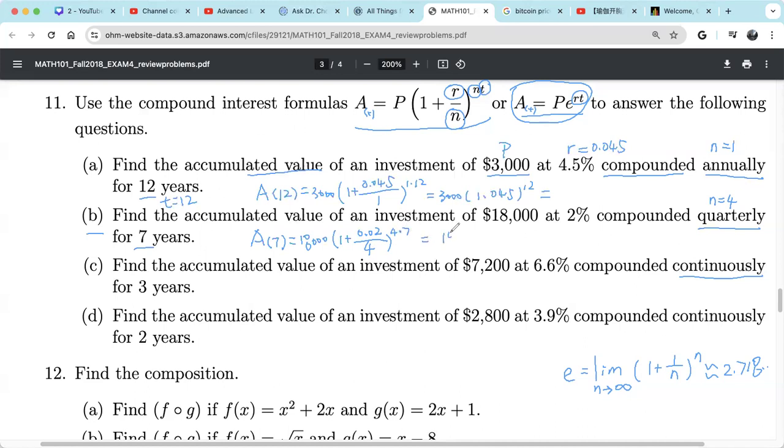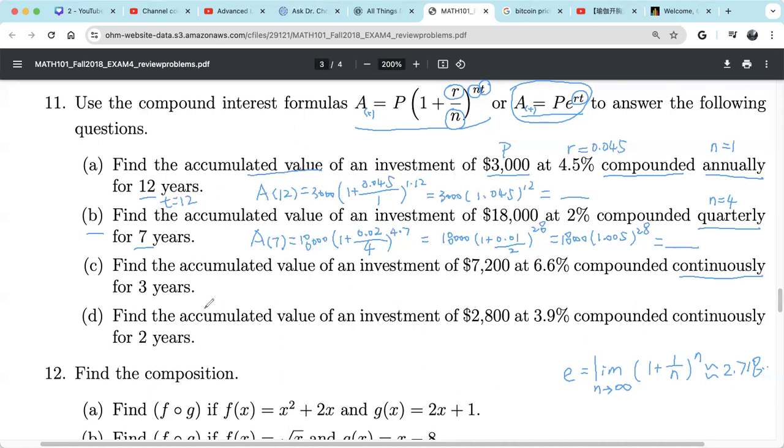Simplifying a little, we get 18,000 times 1 plus 0.005 raised to 28, that is 1.005 raised to 28. Press 1.005 raised to 28 into the calculator, then multiply by 18,000. I leave this for you to do.